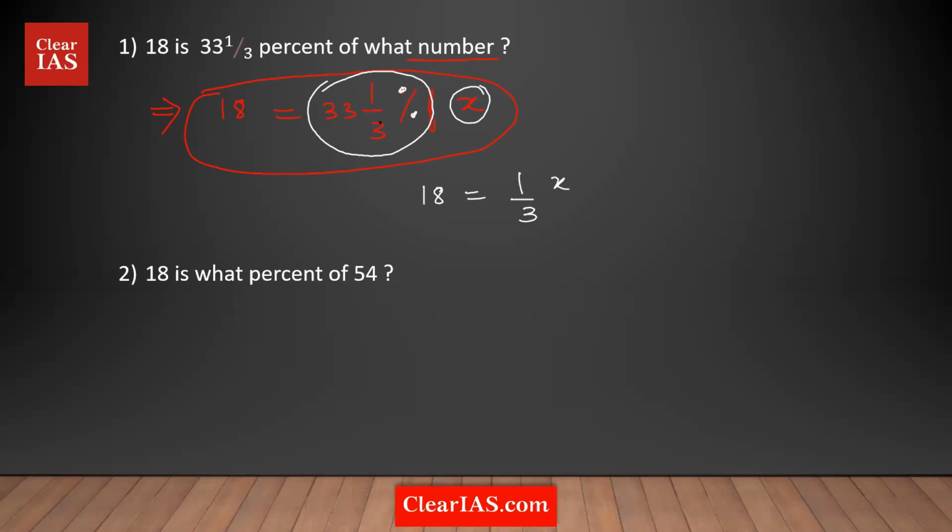That's why I'm telling you the fraction table is very important. From this I can cross multiply and find the value of x. So x is equal to 18 into 3, or 54, would be the right answer. So the first important thing is to read the statement very carefully and find out how it is worded, how to form the equation out of it, and what you are supposed to find.